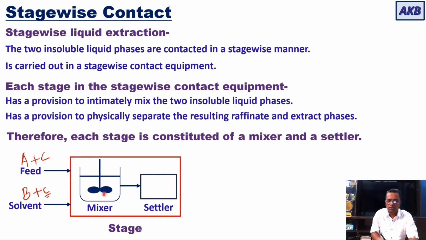The resulting mixture is transferred to the settler, where it settles into raffinate and extract phases, which are then physically separated from each other.